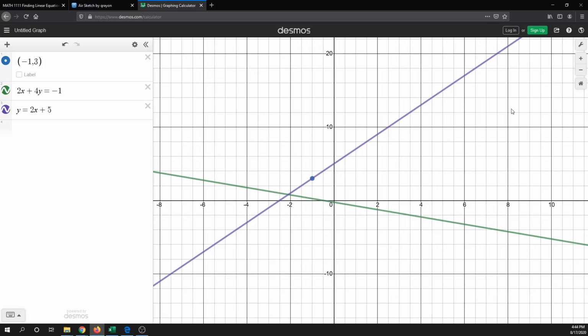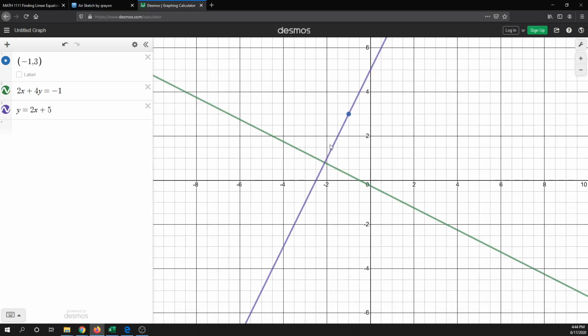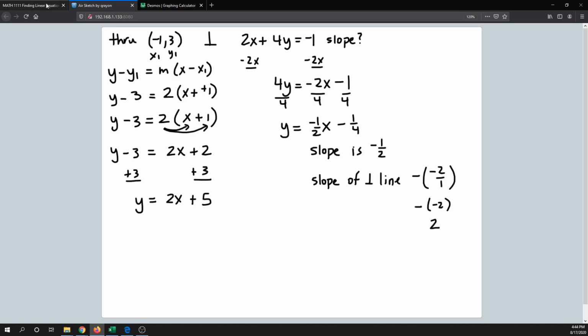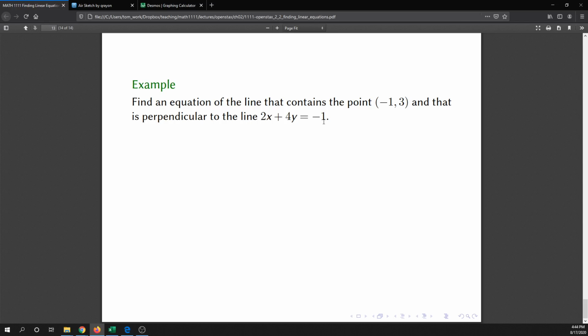So you got to keep in mind, you can't always trust what the graphing window is showing you in regard to being perpendicular. But here you can see it looks perfect because you have a nice square window, same scale on both axes. Okay. All right, so that's how to deal with parallel and perpendicular lines.